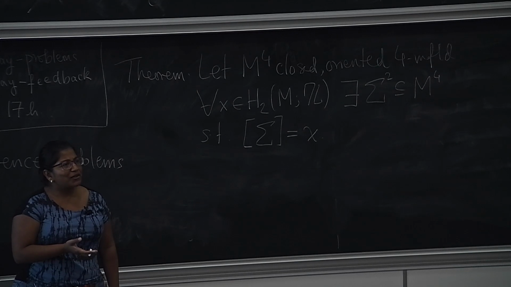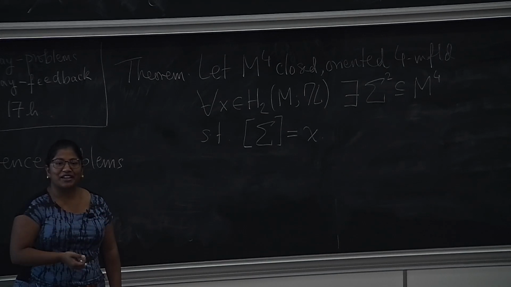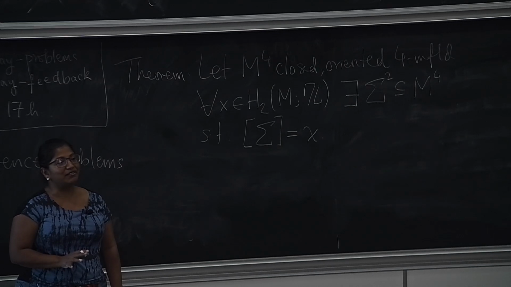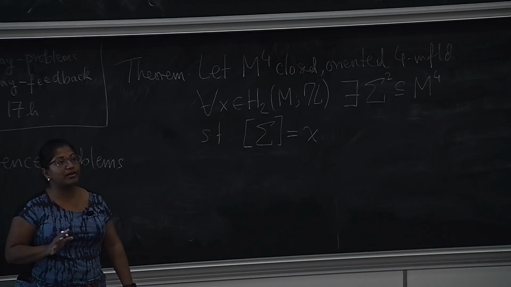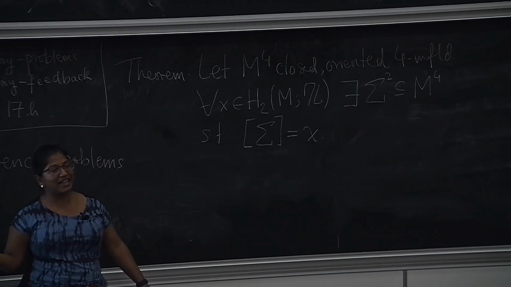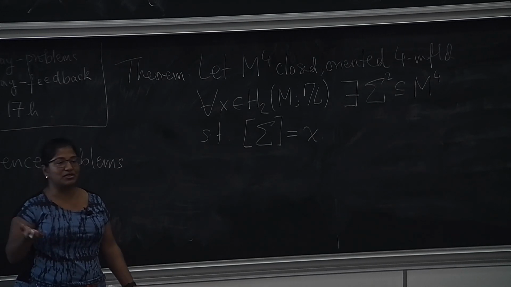I just wanted to point out, we are low-dimensional topologists, so we're used to having this sort of thing occur, but this is a non-trivial thing in full generality. So in general, if you're looking at high-dimensional manifolds, it's not the case that every k-dimensional homology class will be represented by a k-dimensional submanifold.